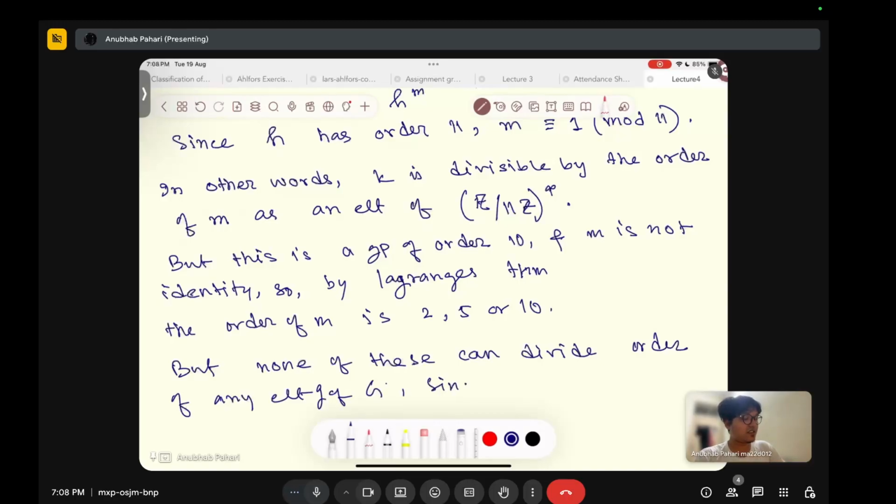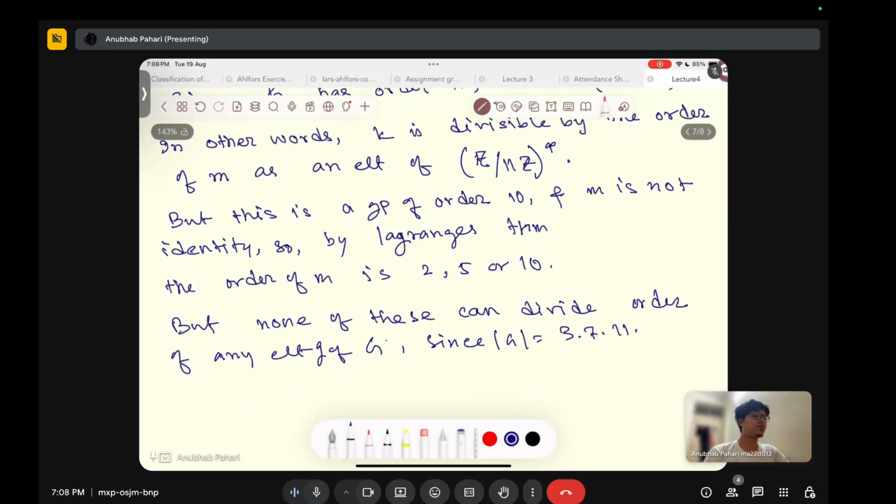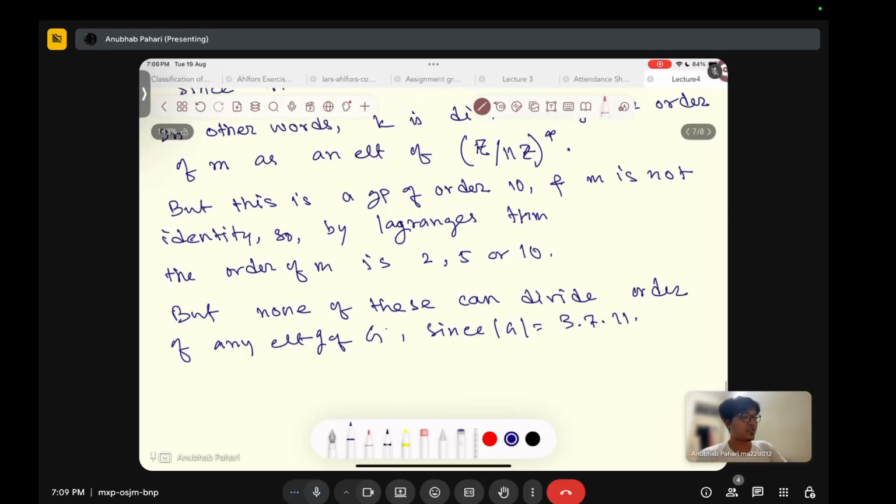Since the order of G equals 3 times 7 times 11 and there is no 2, 5 or 10 in this multiple, so we have a contradiction.